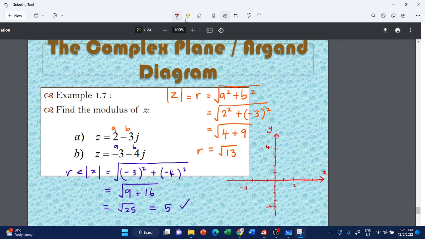So X is 2, which is here, B is negative 3. So the point is here, something like this. Can you see the first point here? Okay, so we write the coordinate like this: X is 2 and then Y is negative 3.